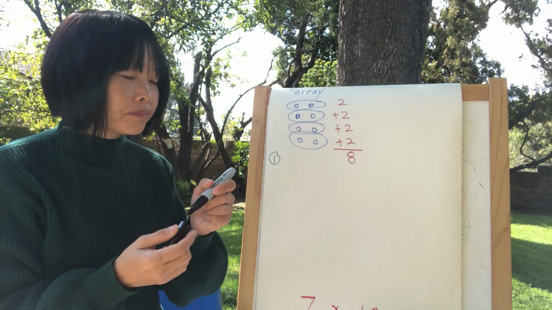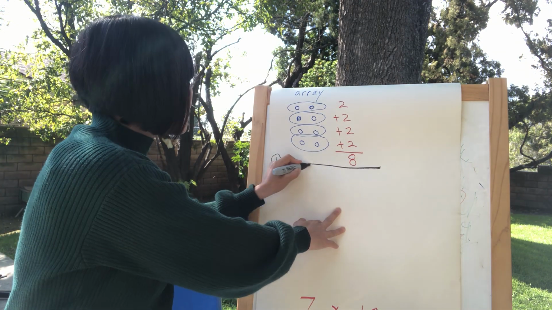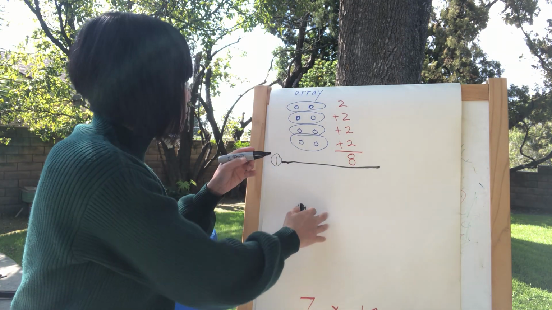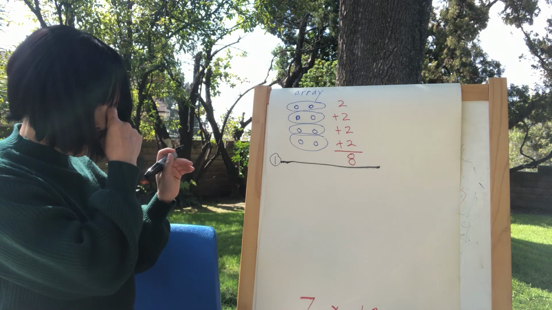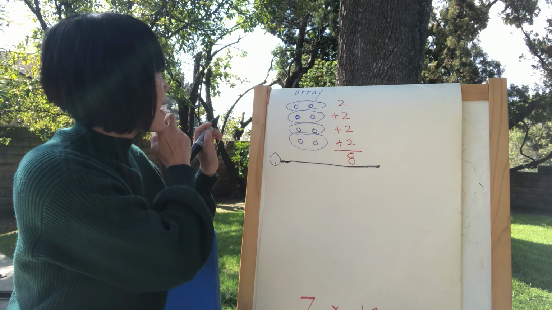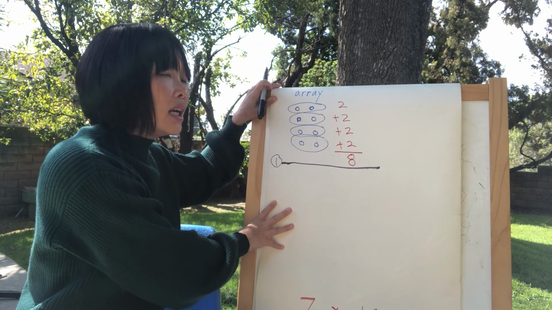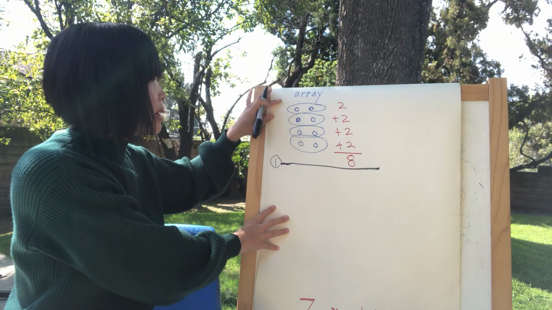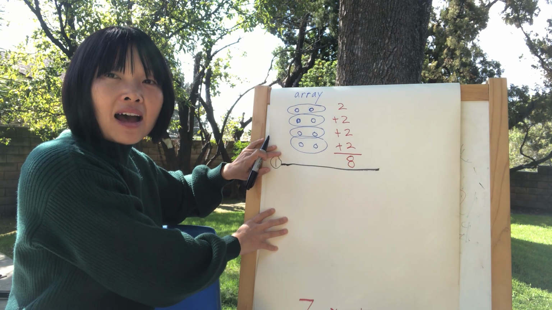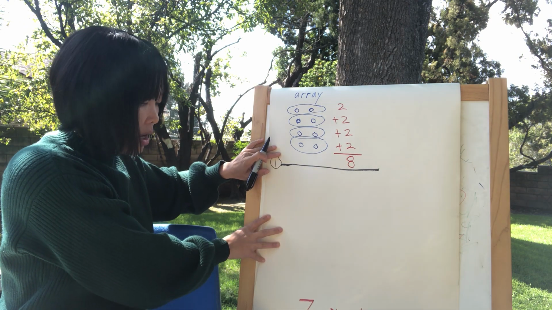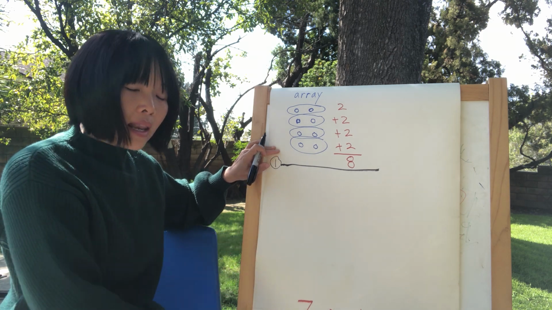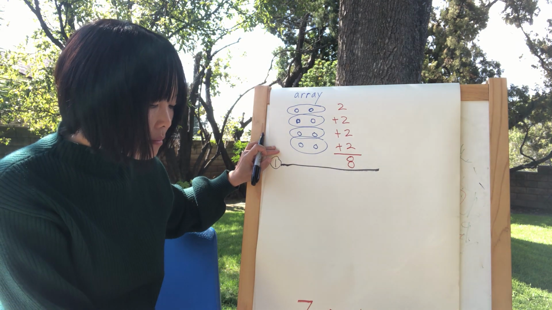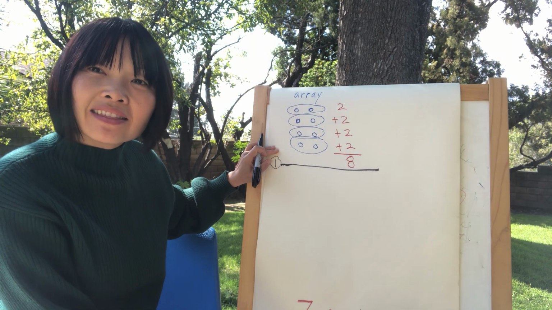Model 1. In Model 1, we can use this as our model. So, let's identify how did we get this total?